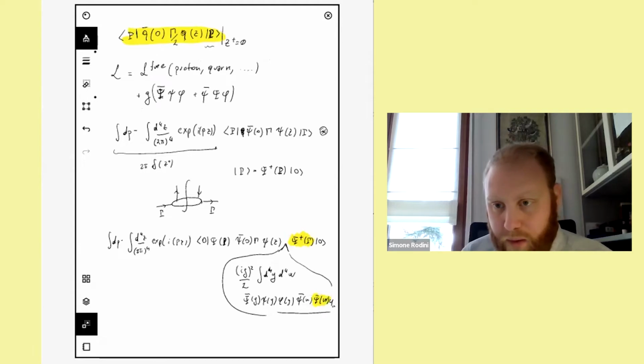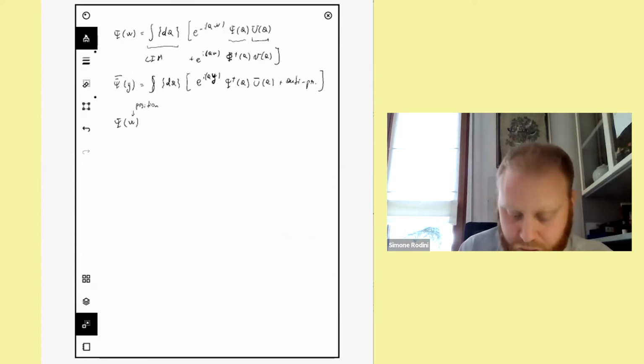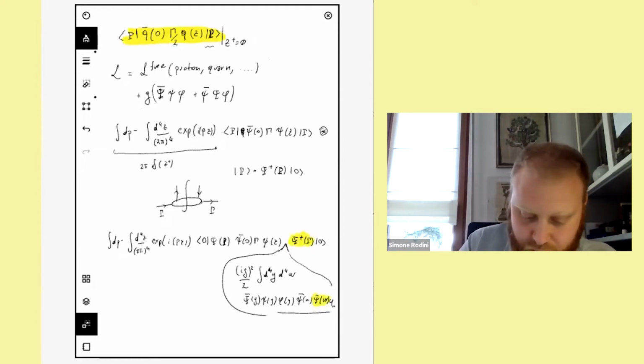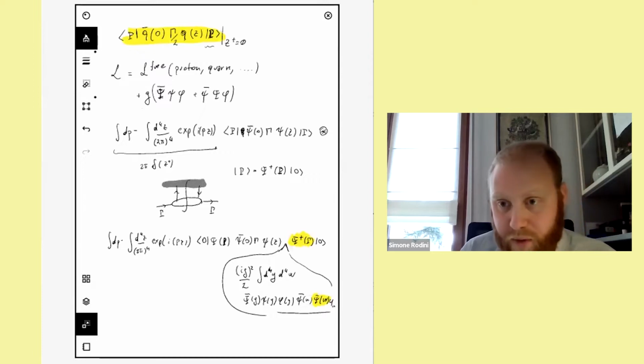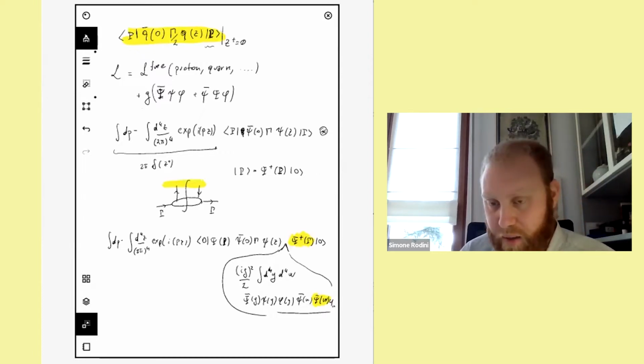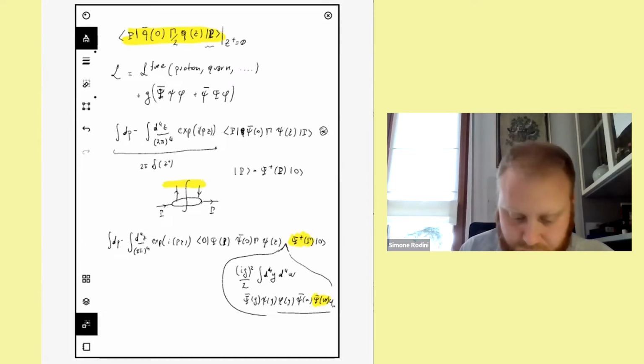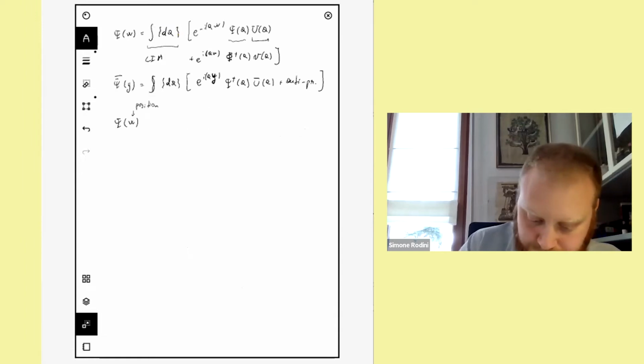You need to know what this combination actually means, because in your operator you do not see the proton. The proton is just a state, and you have to annihilate it. So you have to say something about what this psi of W, psi dagger of P is. You have your psi dagger of P that acts on the vacuum.